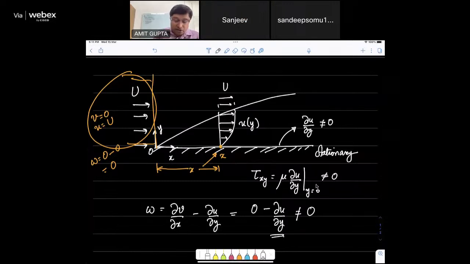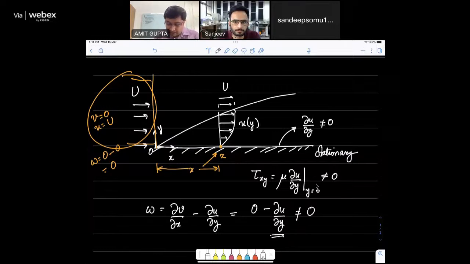So what we have is an irrotational flow coming in. The presence of this boundary creates a rotational flow. You get a non-zero omega that is created. That is the reason I was saying that in these situations, rotationality comes because there is shear, right? There's a fluid friction force that is created, which you typically will not see in irrotational flows. If you have an ideal fluid with mu equal to zero, zero viscosity, you won't see this problem, because on the boundary, the fluid can slide on the surface.